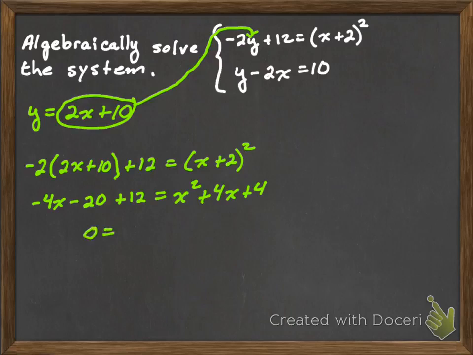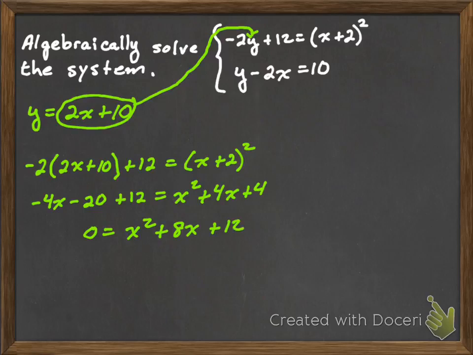So that's going to give us x squared. We're going to add the 4x over to the right side, which will give you plus 8x. Now negative 20 and a plus 12 combine to give us a negative 8. So we're then going to add 8 over to this side, which will give you plus 12.